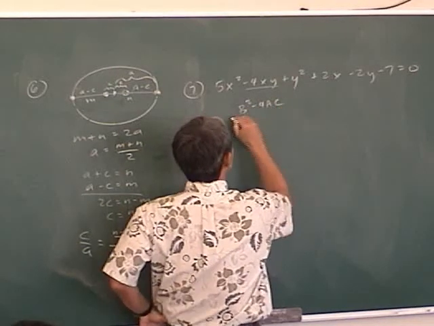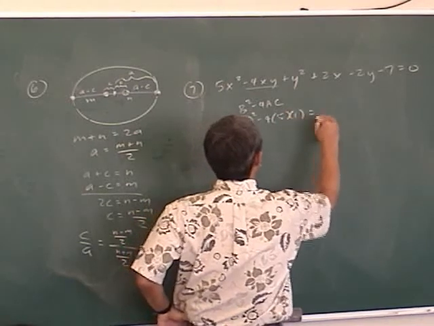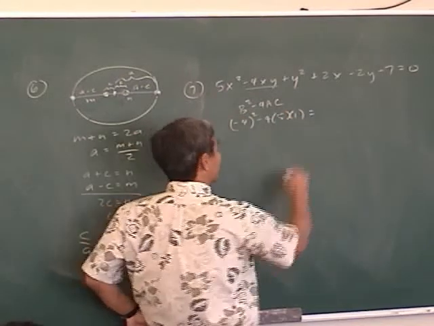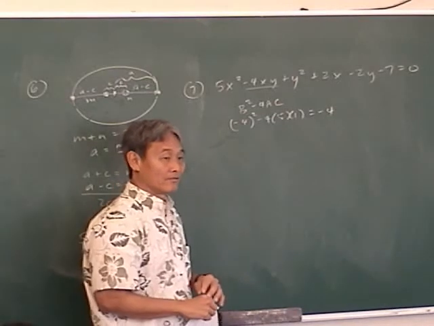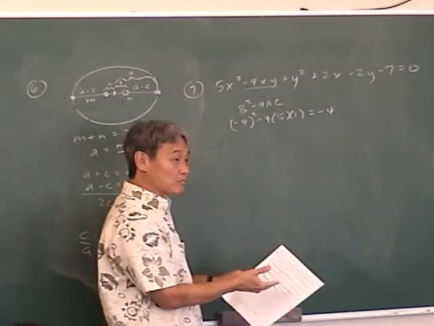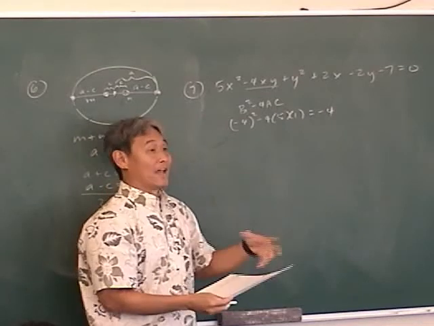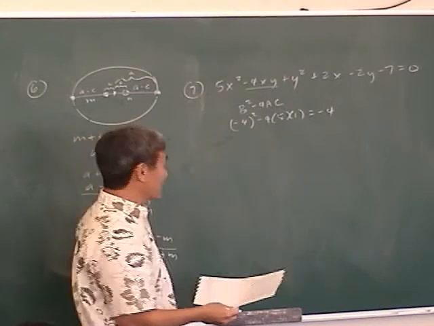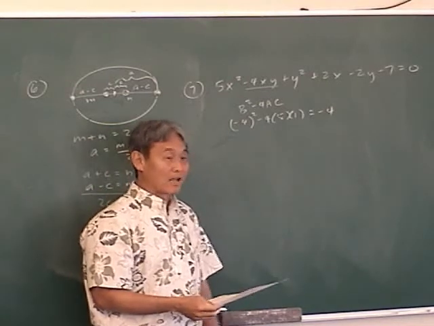So what does that come out to? 16 minus 20 is negative 4. If B squared minus 4AC comes out negative, it's an ellipse. Duh, this is an ellipse worksheet, right? If it comes out 0 like it did yesterday, it's a parabola. And in tonight's homework, which is going to be Tuesday's next homework, if it's positive, it's a hyperbola. You know how I know that? It's in the notes.